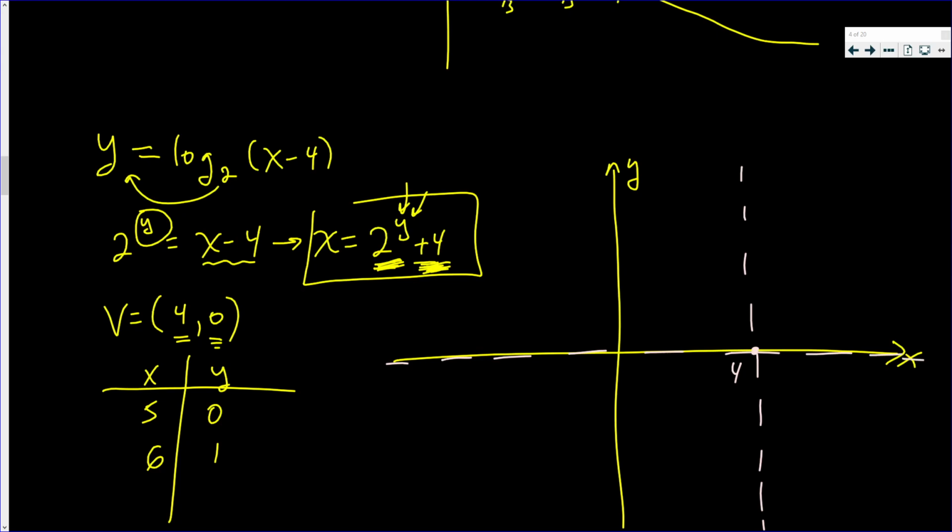And we have the point 5, 0, which is right there, and 6, 1, which is right here. And we have to get closer to the vertical axis. Well, there it is. That's a perfect sketch of that graph.